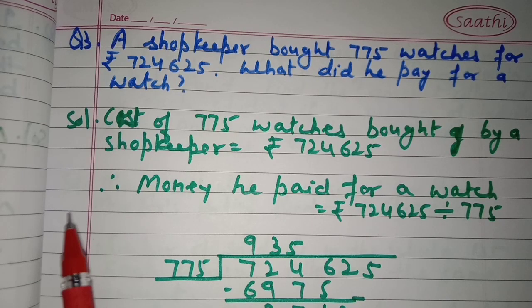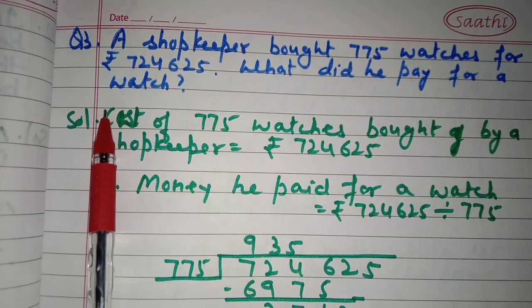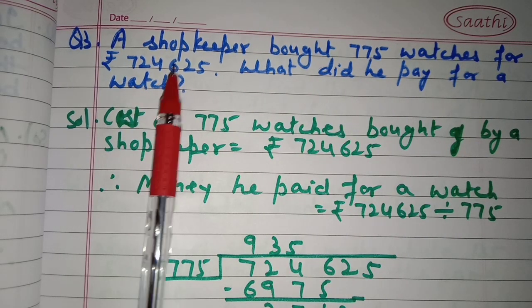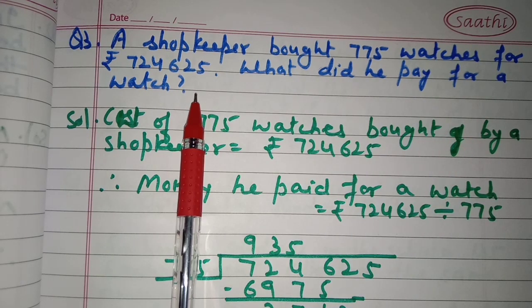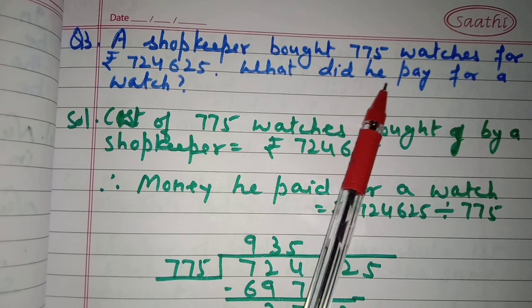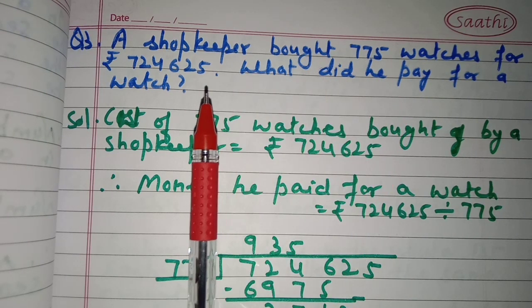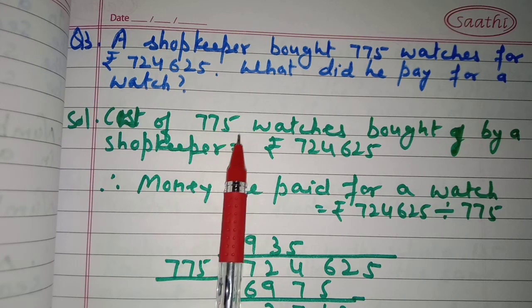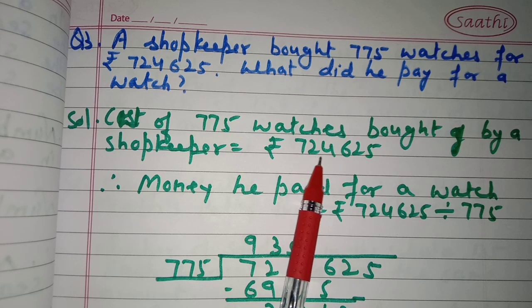Now, next is question number 3. A shopkeeper bought 775 watches for rupees 7,24,625. What did he pay for a watch? It means cost of 775 watches is given and we need to find the cost of one watch. Fine. So cost of 775 watches bought by a shopkeeper is rupees 7,24,625.